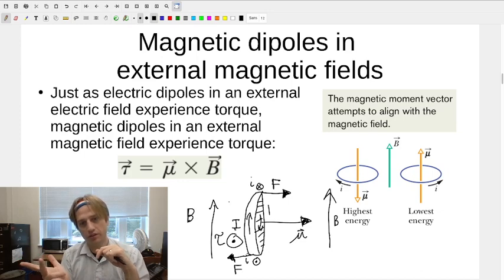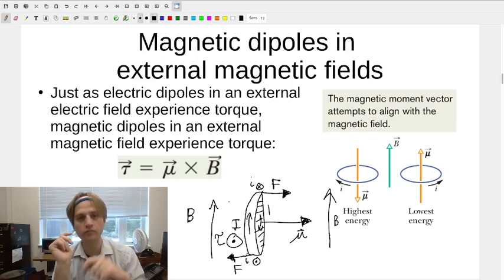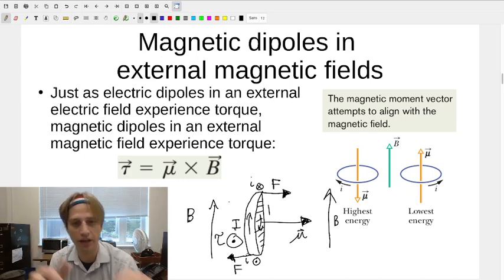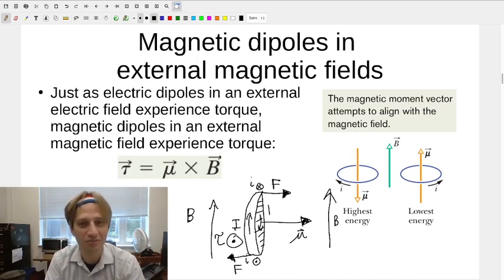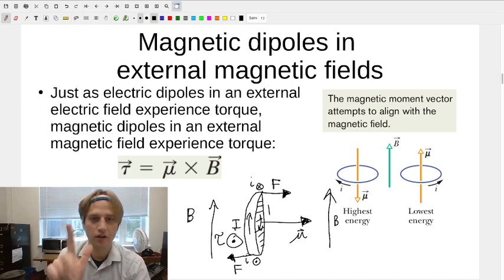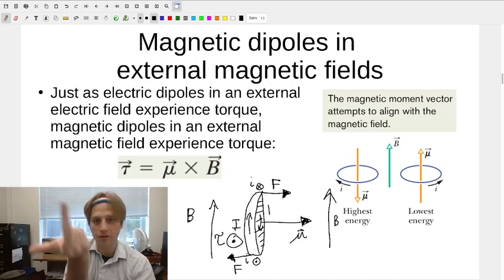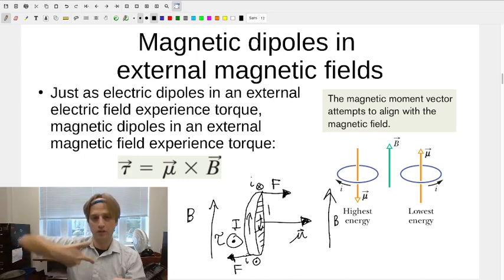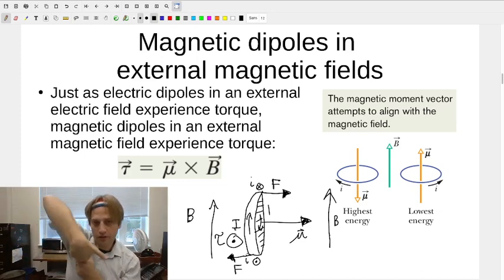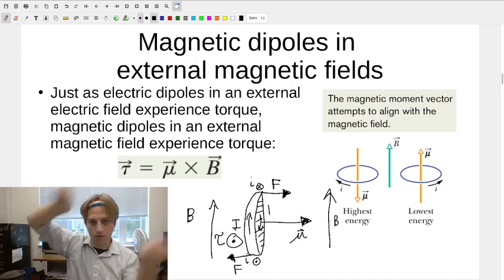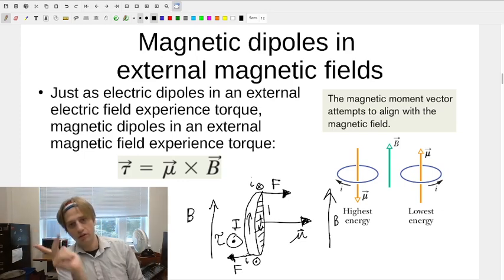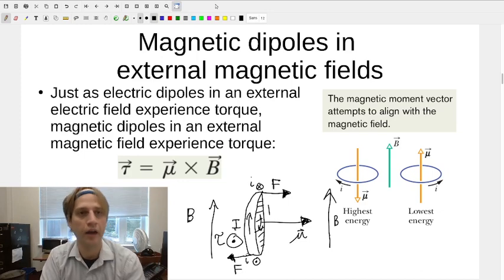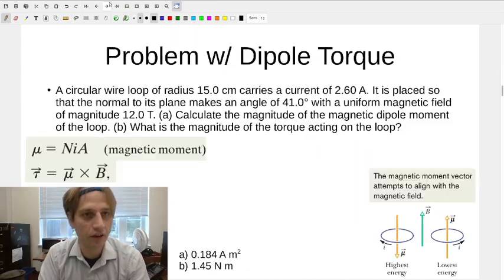Mu cross B gives me torque. I cross B gives me F. I is coming out of the page, cross B gives me F. Okay, mu cross B gives me torque. I think I've got that picture right.